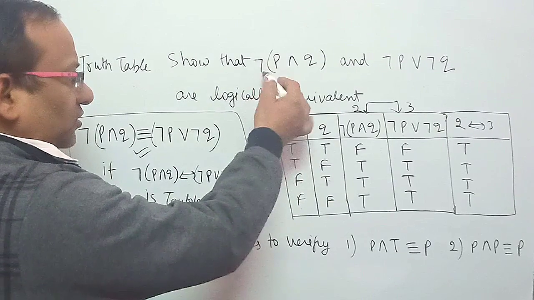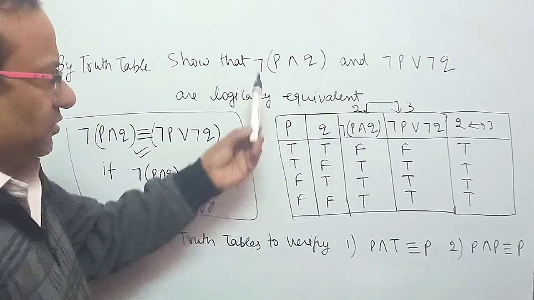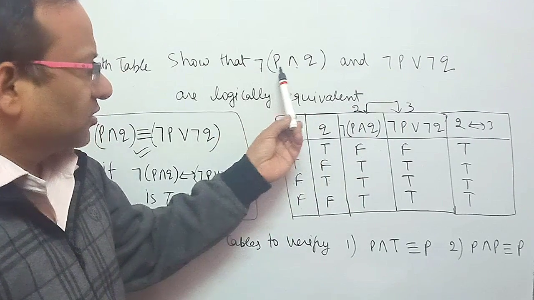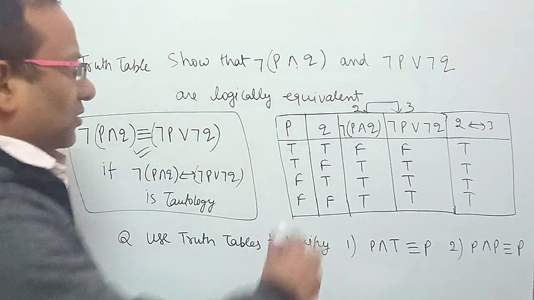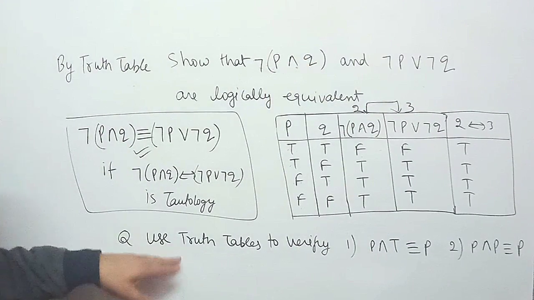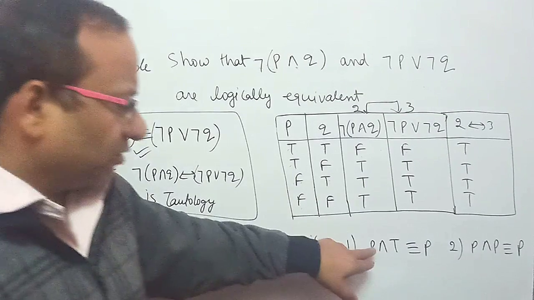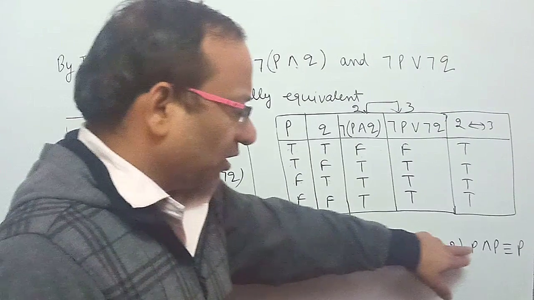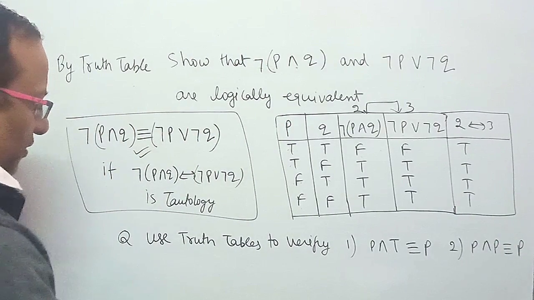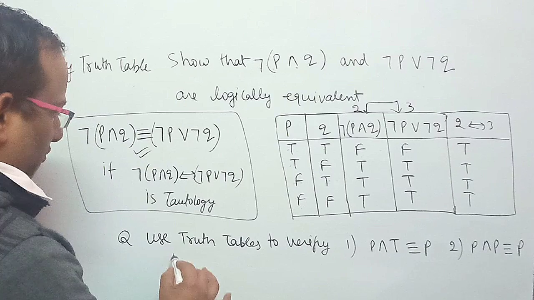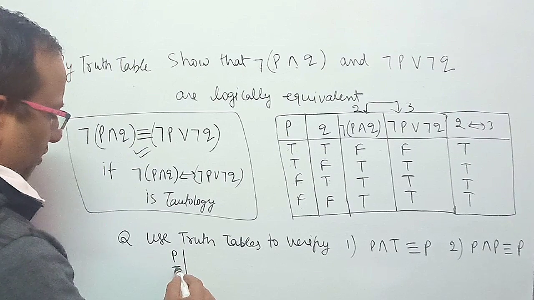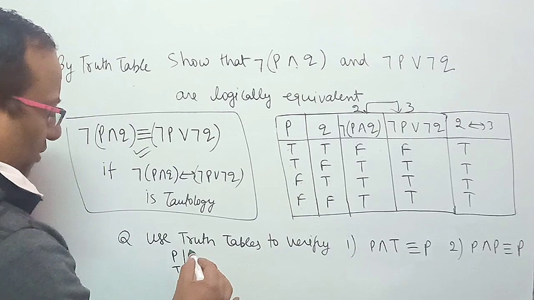Whenever a negation is outside the braces, when we open it, and is changed into or, and the negation is moved inside to every proposition. Next, use a truth table to verify P and true as P and P is equivalent to P. It is not difficult. Let's say P has two possible values, either true or false.